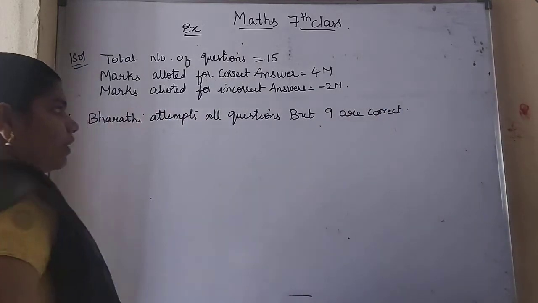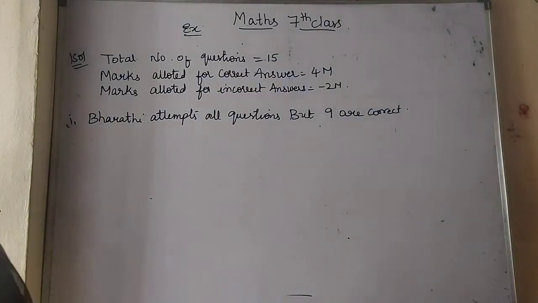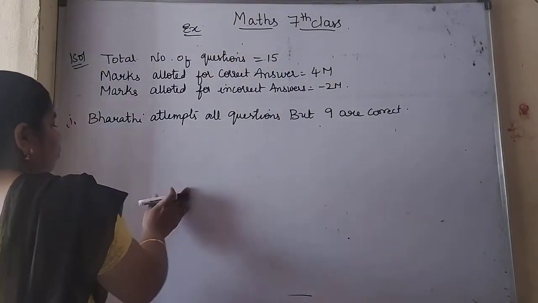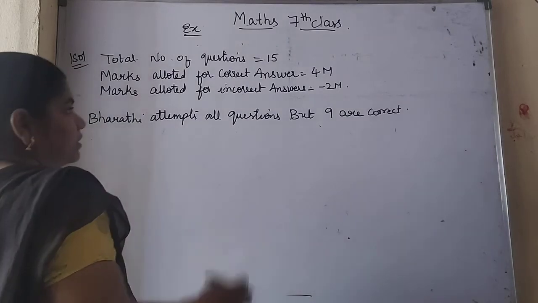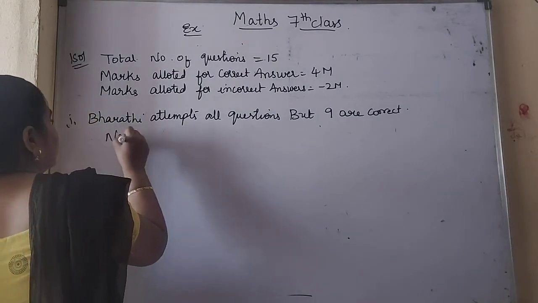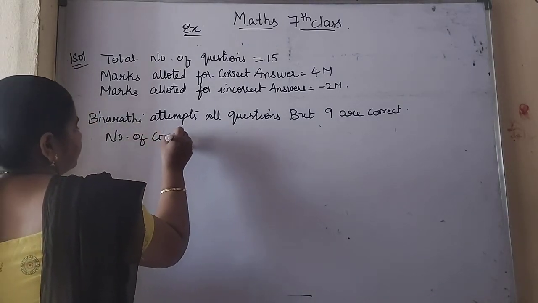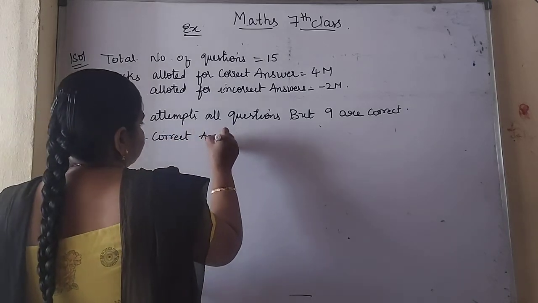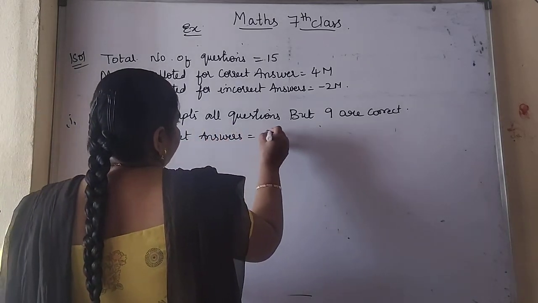So what we have to find? We have to find what is the score of Bharati. So total number of correct questions are 9 here. Number of correct answers are how many? 9.